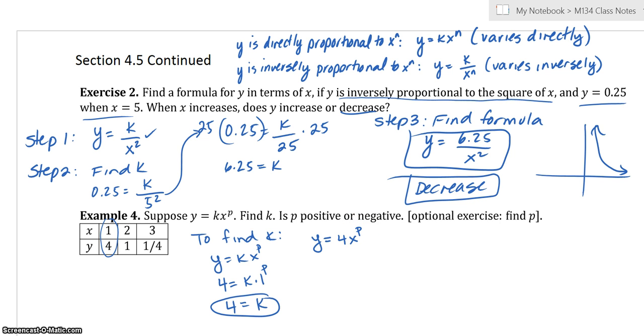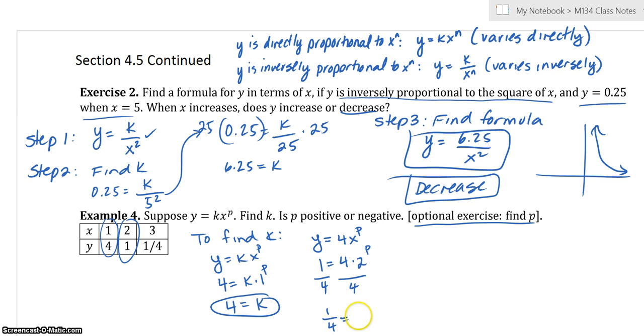To find the p, you won't be tested on this, it is optional, but to find p, what you're going to do is use another point. So let's use the second one. So we know that when y is 1, x is 2. How do we do that? So I'm going to isolate the exponential.